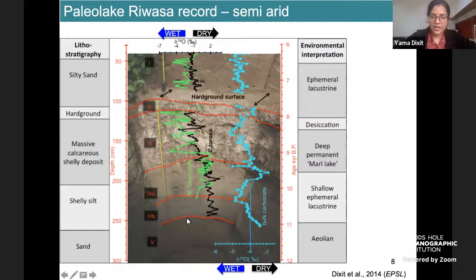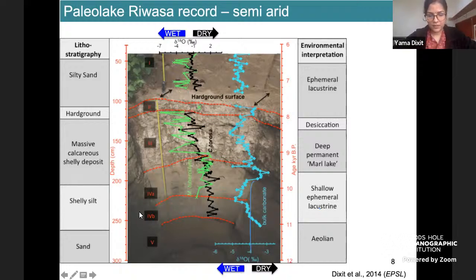After that, the shells start to appear. In black, we have ostracods, the little beasties that I showed you, carbonate shells. And in green, we have the bigger ones, the gastropod shells. The black ones appear right here, and the sediment composition also changes from sandy to shelly silt.